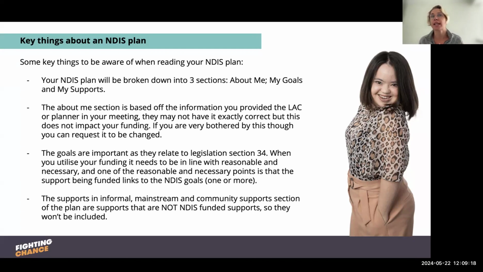So for example, you could say you or your participant or your loved one wanted to be independent with showering or with dressing and personal care tasks. But there's also things in the community that your person wants to be independent in, and other things at home. So having a goal around, during this plan period, I would like to build my skills or have access to the supports to build my skills and capacity to be more independent or maintain my independence, both at home and in the community.